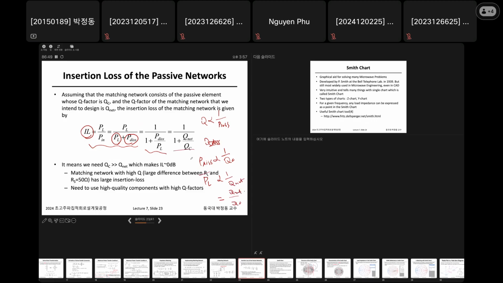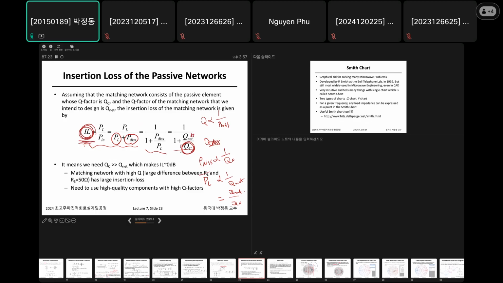Which means, in order for us to reduce the insertion loss, first we need to use a component with a high Q. Second, you need to reduce the network quality factor, right? This is the only way to reduce insertion loss.